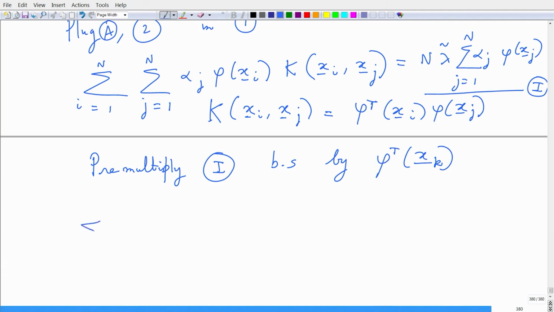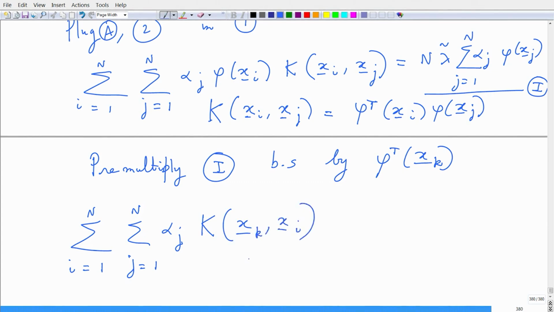So I can simplify this as summation i equals 1 to n, summation j equals 1 to n, alpha j, kernel xk with xi times this kernel xi with xj.